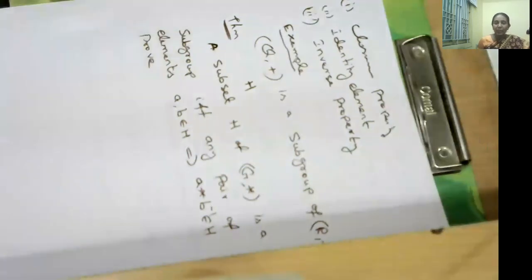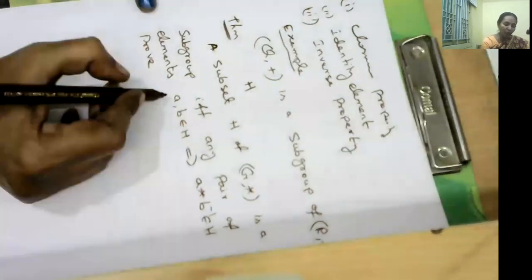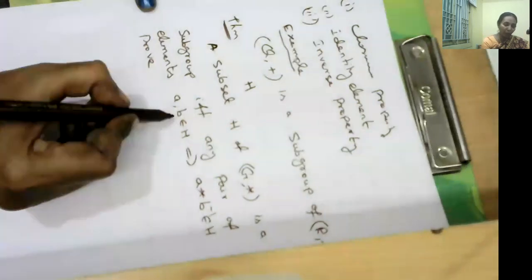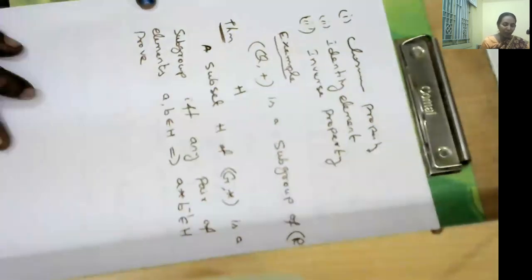A non-empty subset capital H is given, and we take two elements a, b belonging to capital H. We are proving that a star b inverse belongs to H. If we are able to find a star b inverse belonging to H for any two elements from H, then we can conclude that H is a subgroup.